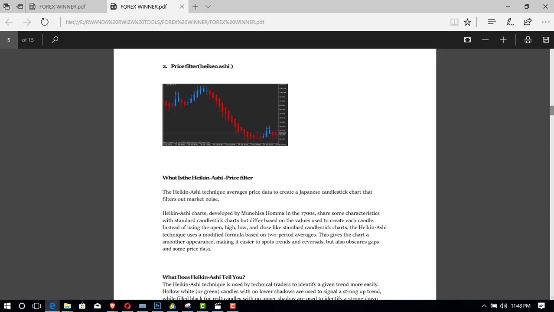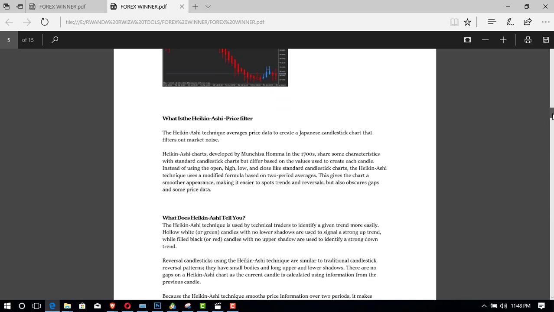I think you see the points, red points and green points, for 1 minute, 5 minutes, 15 minutes, 30 minutes, 1 hour, 4 hours, 1 day, 1 week, and month. Let me explain a little bit of that wave indicator.